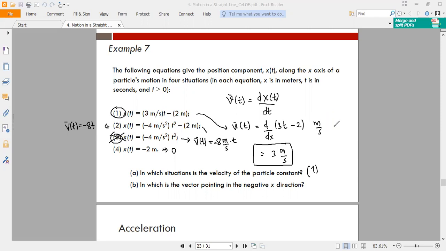In which is the vector pointing in the negative x direction? This is all the negative ones, the second and the third case, because the result is negative.